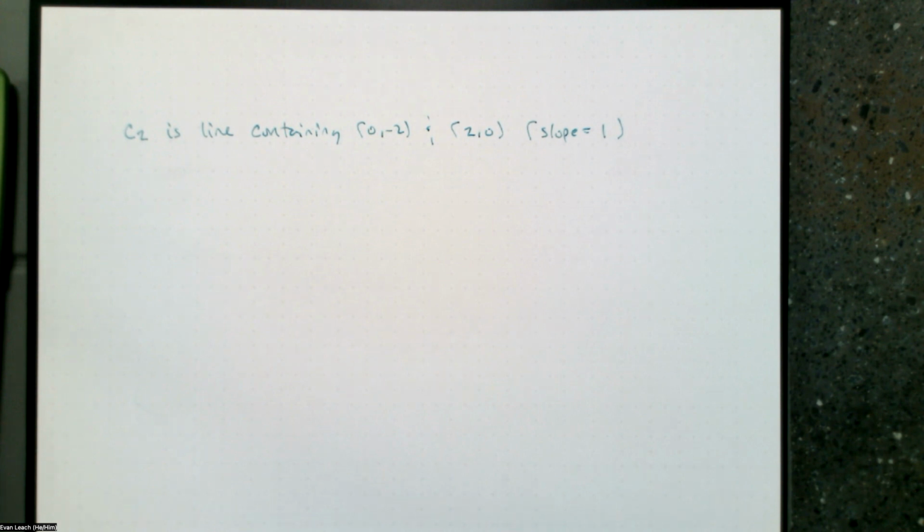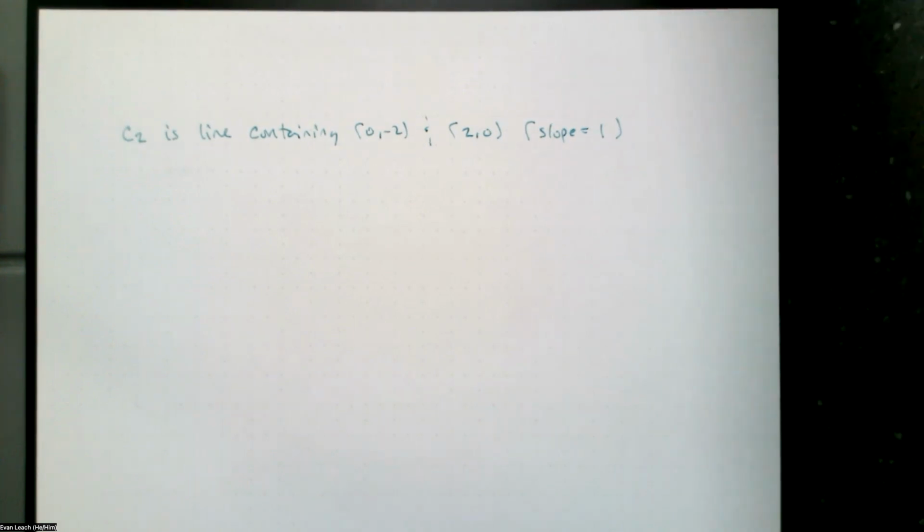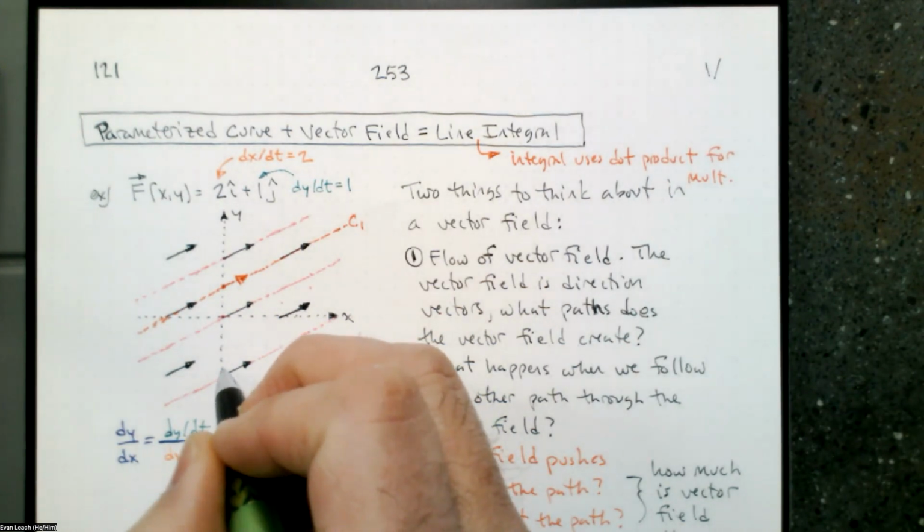We're still generally going in the same direction as the vector field, up and to the right, because we've still got a positive slope. We're going up and to the right, but we're not going in exactly the same direction. We're going roughly the same direction, but not exactly. So let's go and draw that on our vector field. So at the point 0, -2, and we're going with a slope of 1.